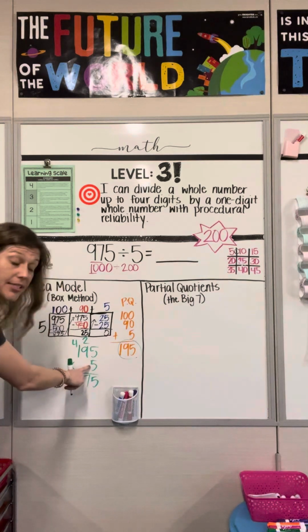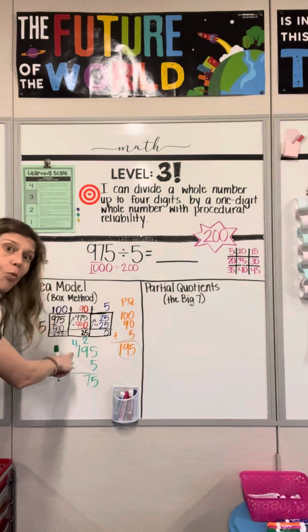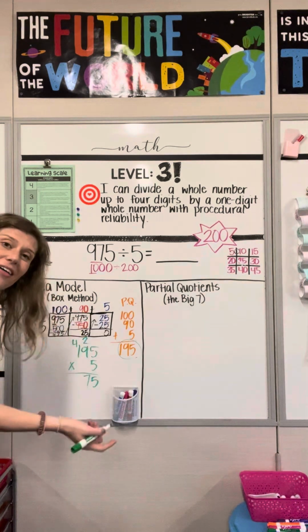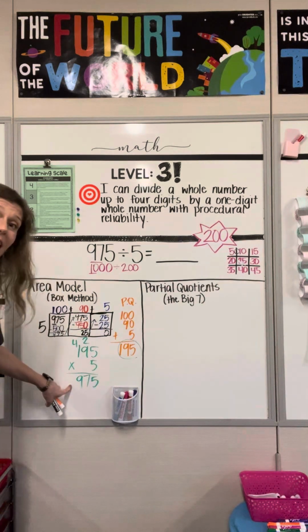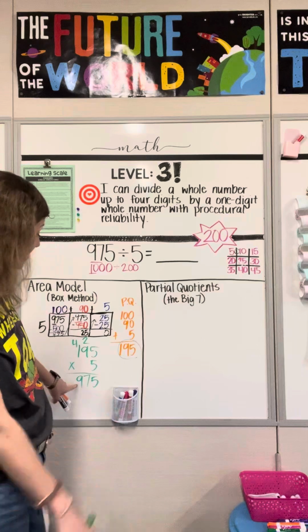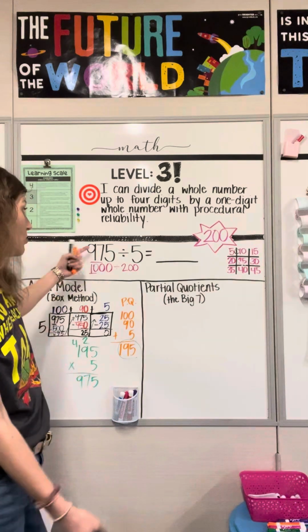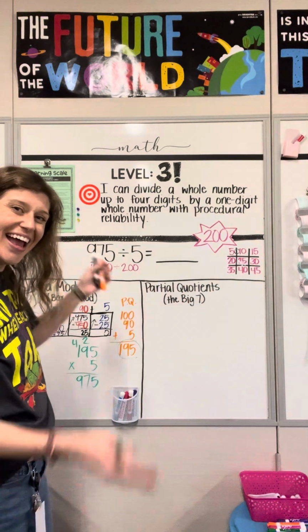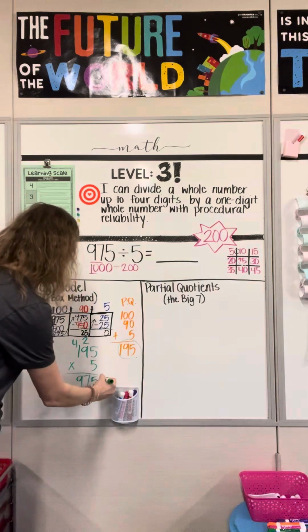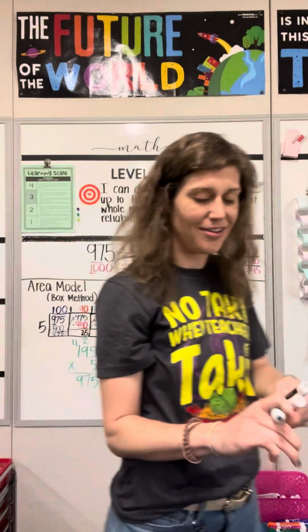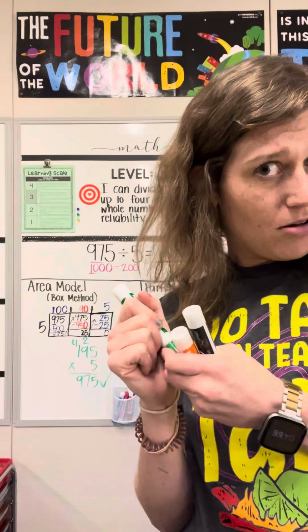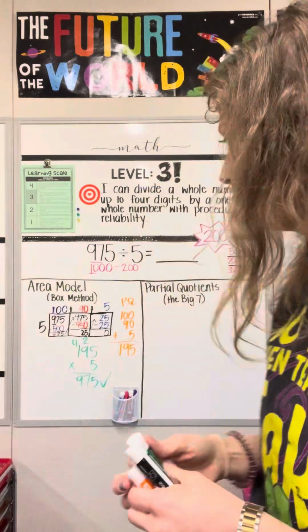And then we have our 5 times 1, which is 5, and then add another 4 onto that, and we have 975. So now we just check and see, is 975 the same as what we started with? Yay! We got it right. So woohoo! And we know for a fact we got it right, and we can be extra confident about that answer. That's the area model, aka box method.